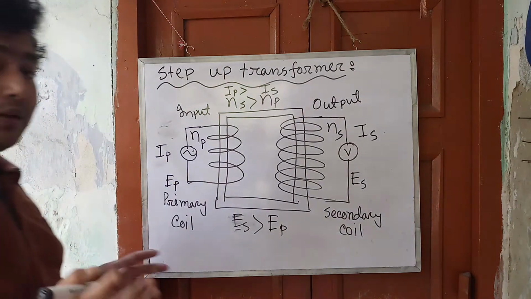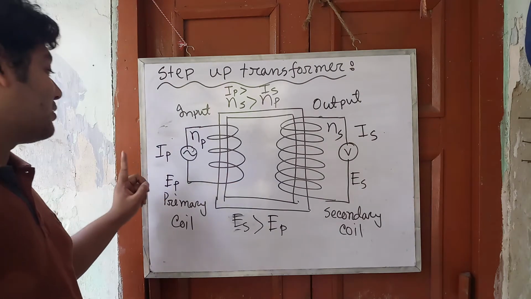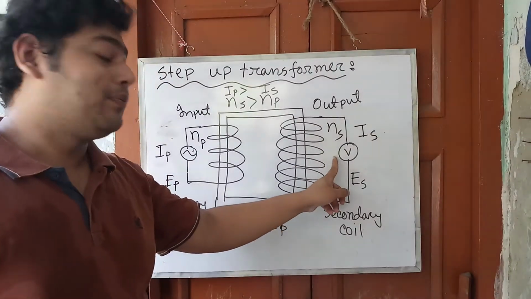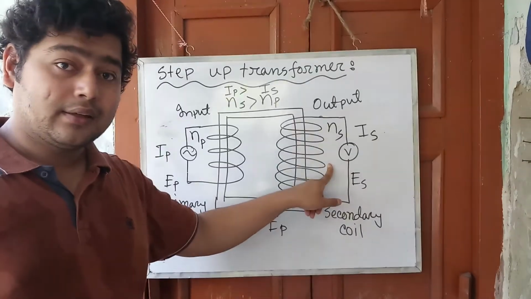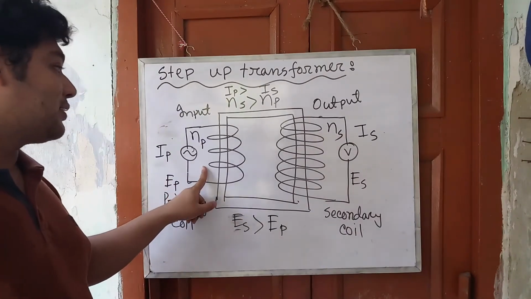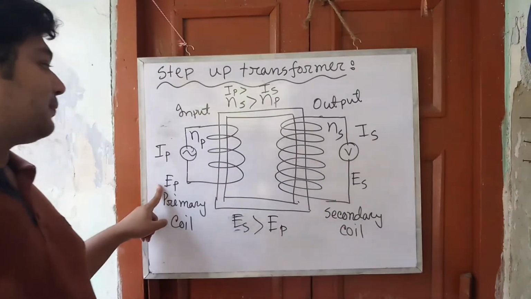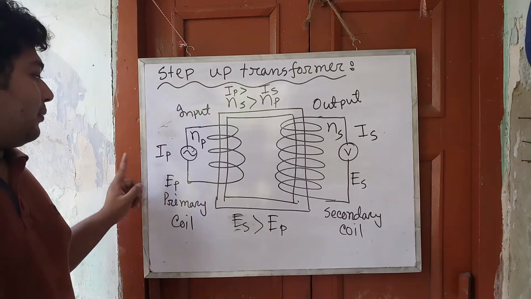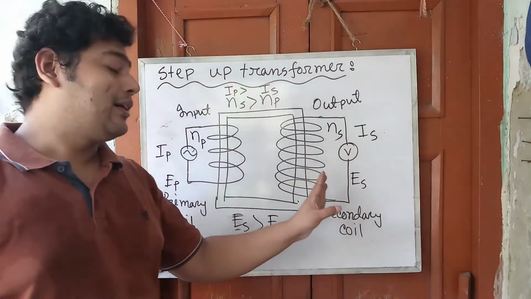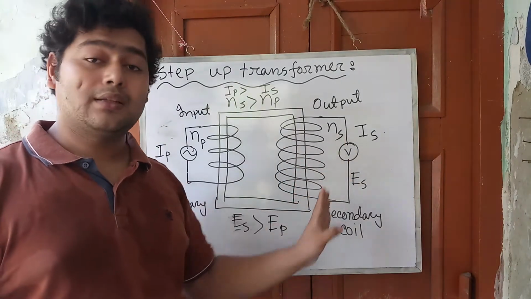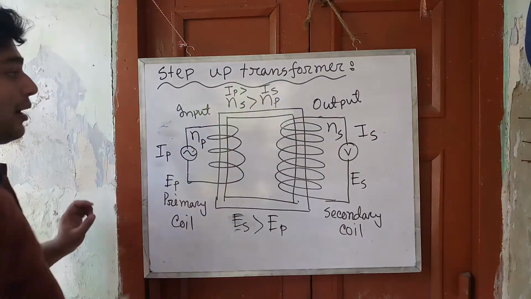According to our definition, the current will convert into weaker, and the voltage of the secondary coil will convert into higher. Okay, these are the parts for a step-up transformer.